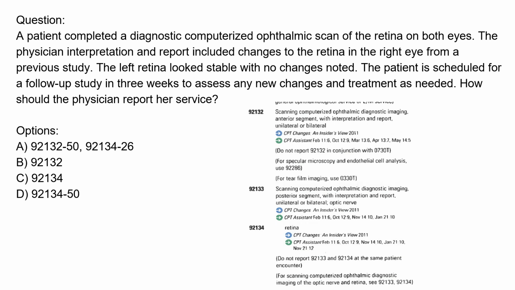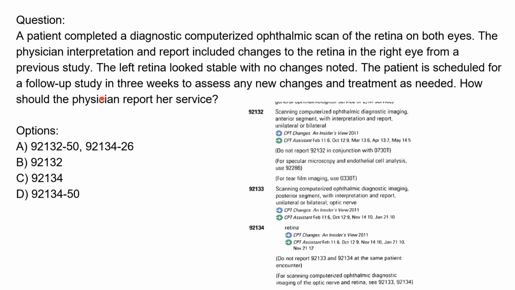Now we have the codes. If you look at code 92132, it is scanning computerized ophthalmic diagnostic imaging, anterior segment, with interpretation and report, unilateral or bilateral. And here it is scanning computerized ophthalmic diagnostic imaging, posterior segment, with interpretation.